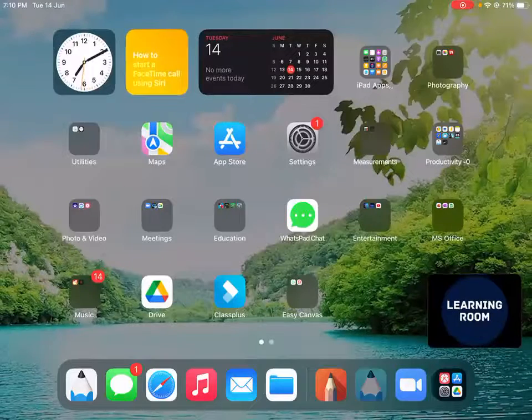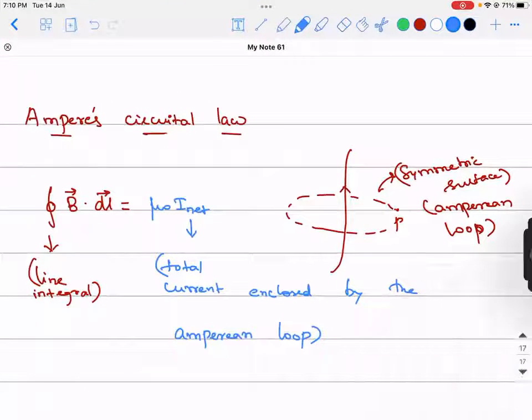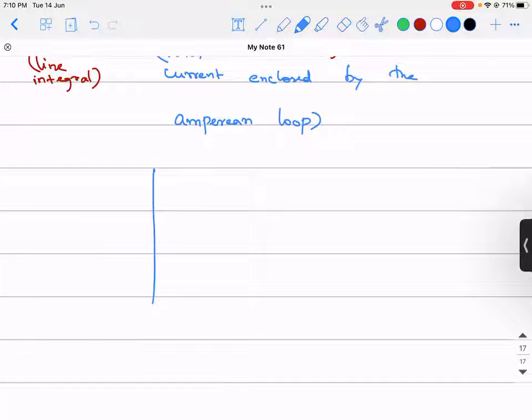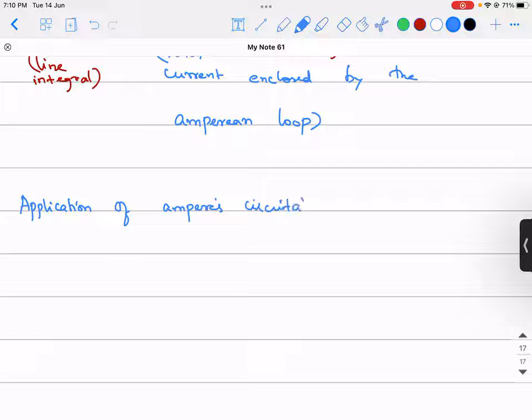I'll tell you the steps that we are supposed to follow. Let's say the application of Ampere's circular law.